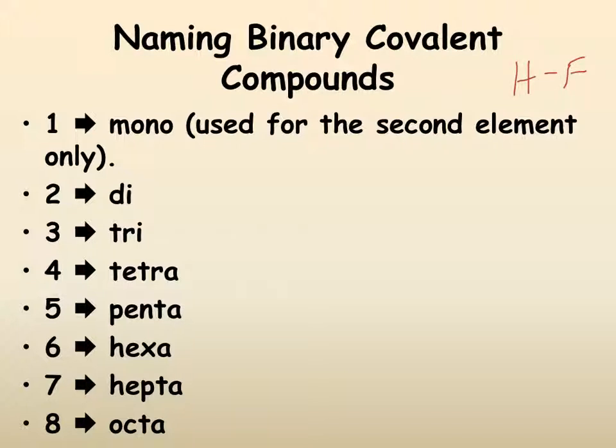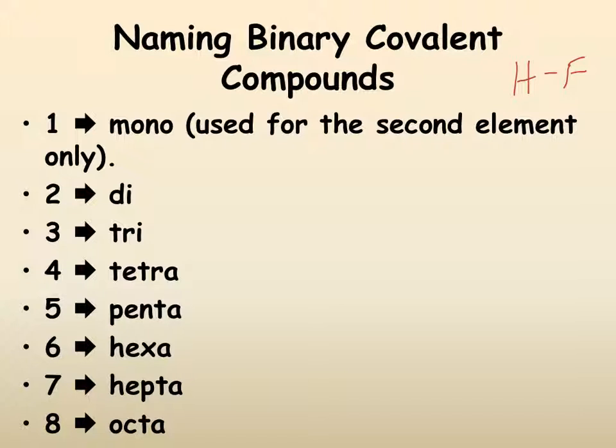We didn't need to say monohydrogen. All of the other prefixes, di for 2, tri for 3, penta for 5, you have to put in the first element or the second element. Whatever has 5 has to have penta in front of it. Whatever has 7 has to have hepta in front of it.